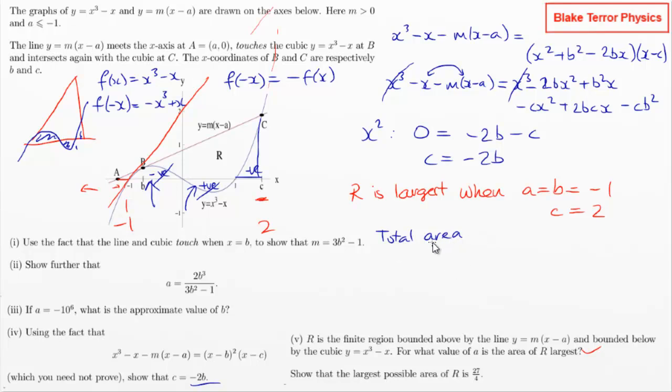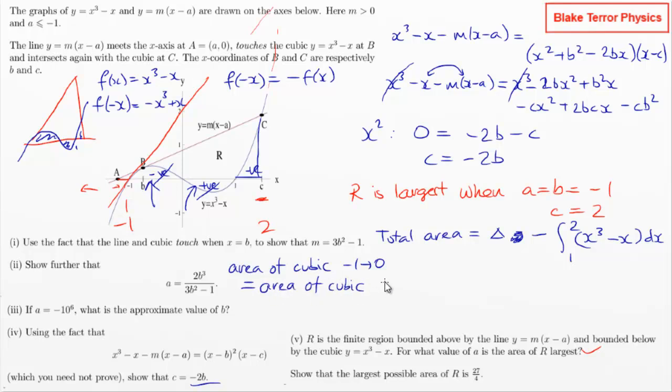So we can say the total area is equal to the area of the triangle minus the integral from 1 to 2 of x cubed minus x dx. It's probably worth putting a note on there saying that the area of cubic between -1 to 0 equals the area of cubic from 0 to -1.